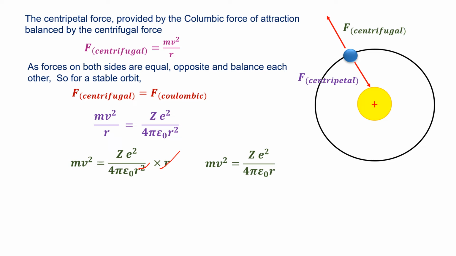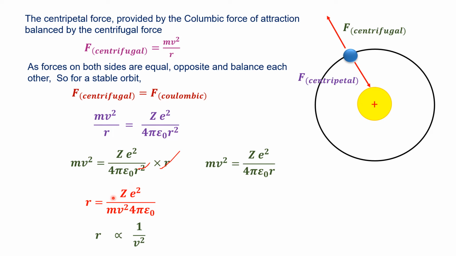So we will get mv square is equal to Ze square divided by 4 pi epsilon naught r. Now if we arrange this and get the value of r, we will shift the r over here and mv square over here. Then we will get r is equal to Ze square divided by 4 pi epsilon naught mv square.